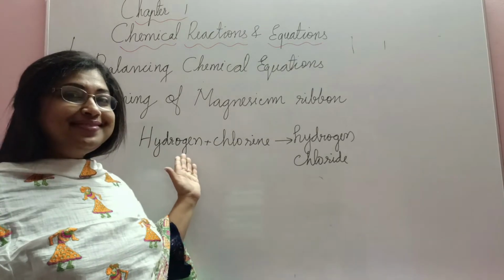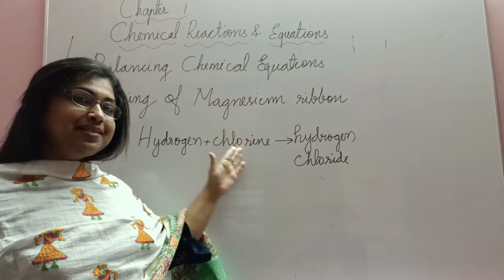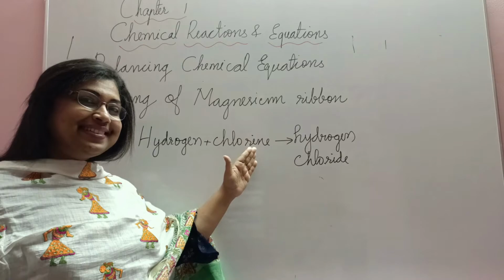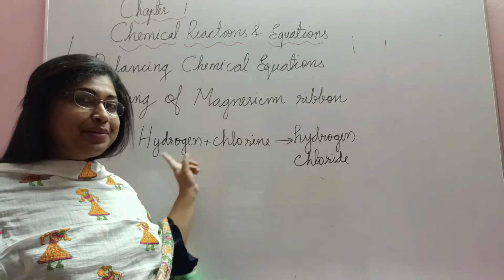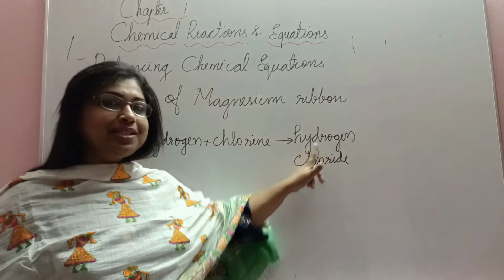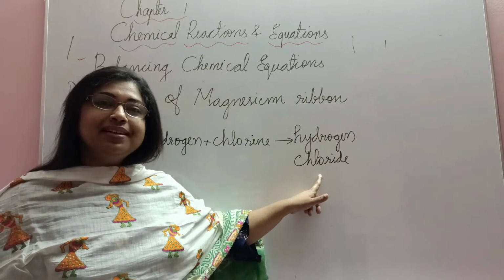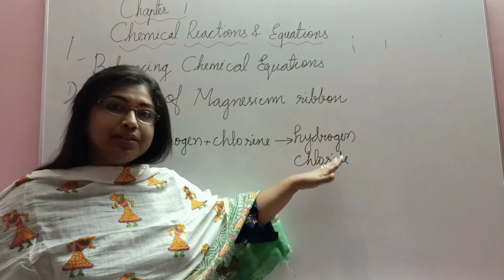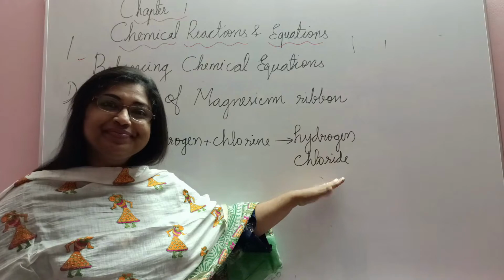Take care, these two are elements, non-metals, hydrogen and chlorine. They are diatomic molecules, so how will you represent them? Then hydrogen chloride is a compound. So how will you write the formula of hydrogen chloride?